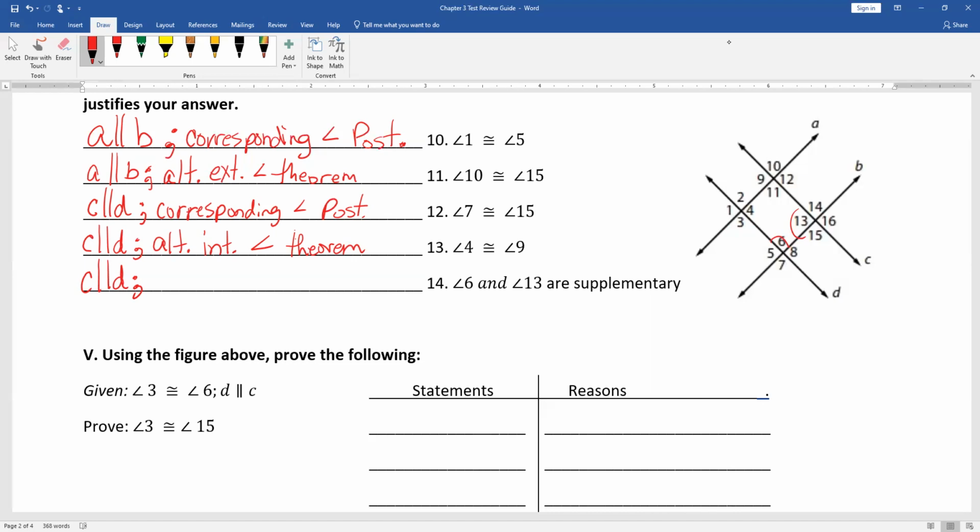Are they on the same side or opposite sides of the transversal? Same side. Are they on the same side of the parallel lines or on opposite sides of the parallel lines? They're on opposite sides. So they're both interior.